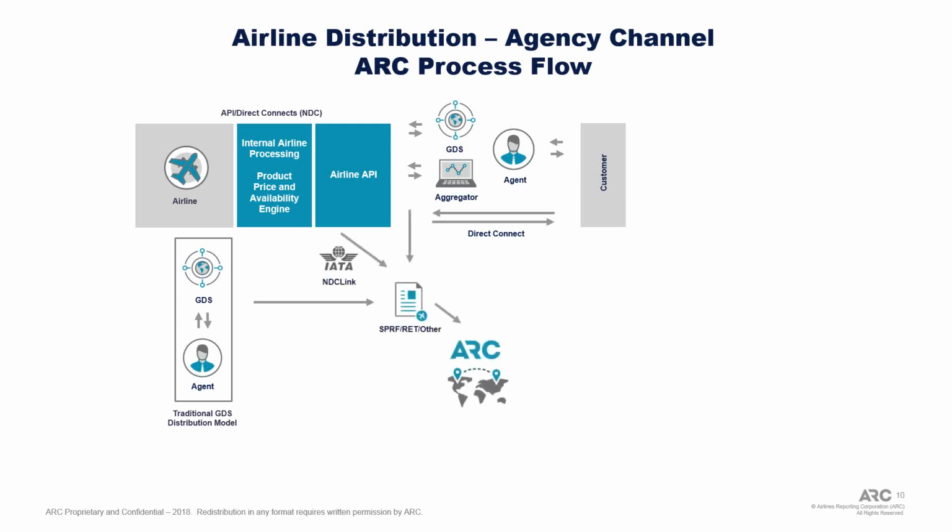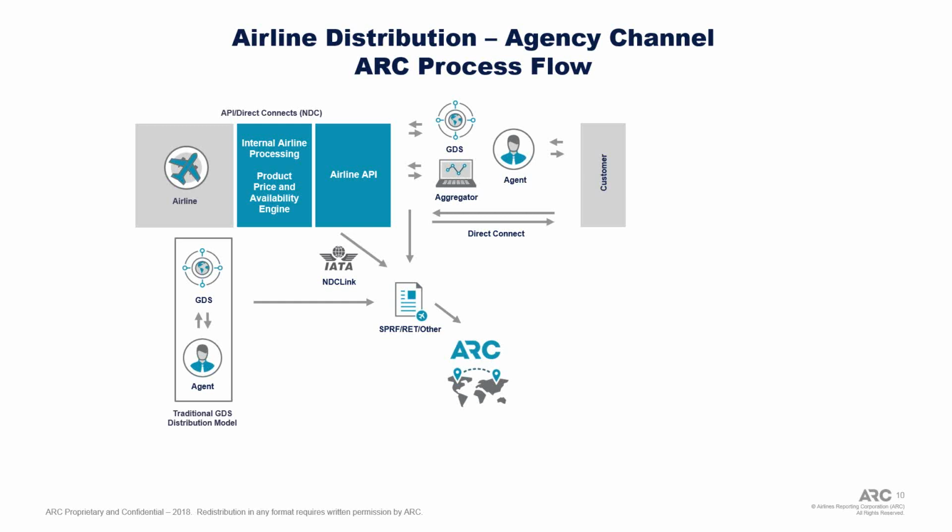So some of the benefits or the enhancements that we've just talked about are that ARC will be able to take in a SPRF or a RET file directly from any of the parties. It could be an airline, it could be a GDS, it could be an aggregator. Literally, it could be directly from the agency in some cases.